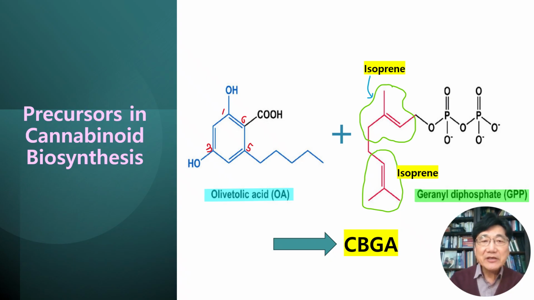Another precursor, geranyl diphosphate, consists of a monoterpene group formed from two isoprene units and a diphosphate group at one end. The combination of these compounds forms CBGA.